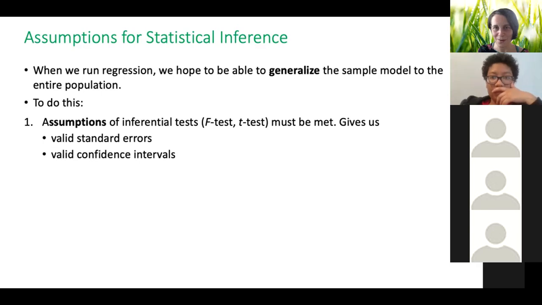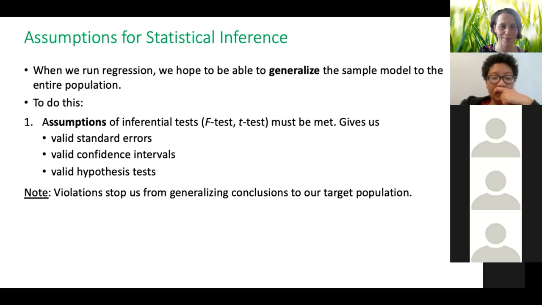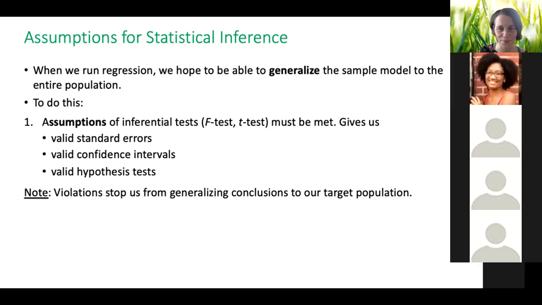That means we are not losing power by overestimating them, and we are not inflating our type 1 error rate by underestimating them. So our confidence intervals are valid, right? Because they're directly based on the standard errors. And then finally our hypothesis test is valid, which is also very important.